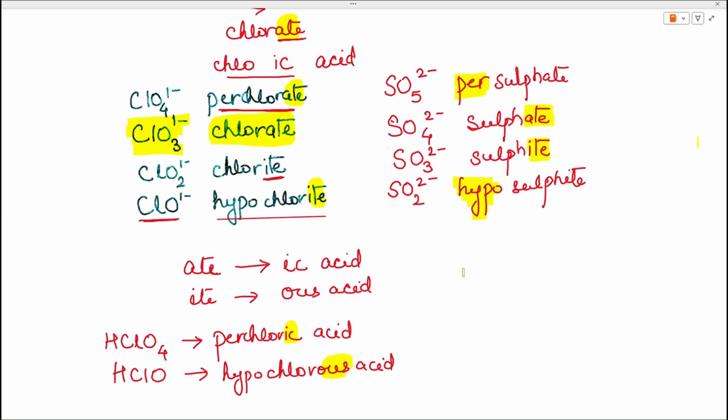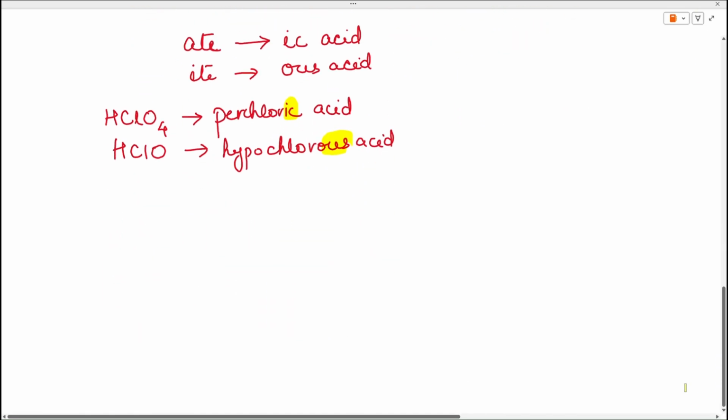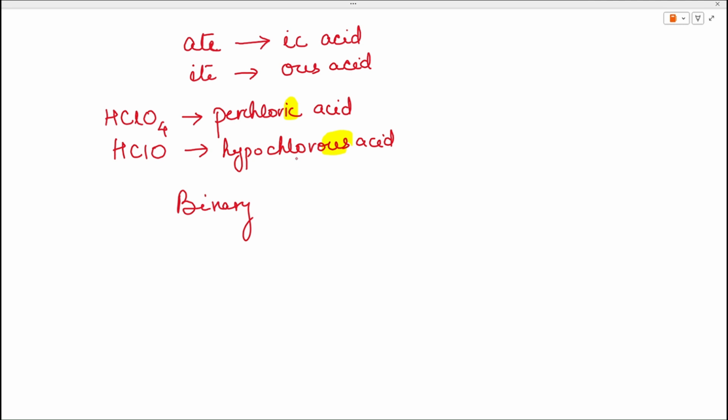We noticed two things in this lesson. The first was if the acid was a binary acid, then the hydro needs to be introduced as a prefix, and the ide part needs to be replaced by ic, and we just need to put acid at the end.